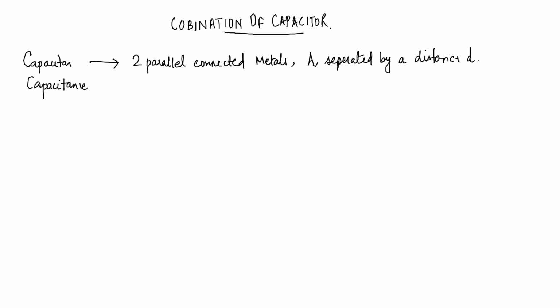And capacitance is the property of a capacitor that is given as C equals Q upon V. This is the very important and basic formula for our upcoming sections where we are going to read the combination.